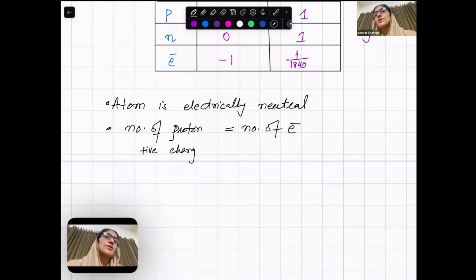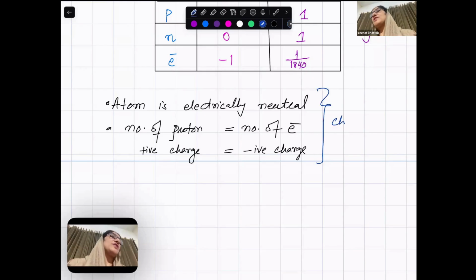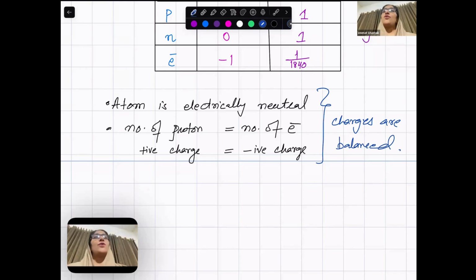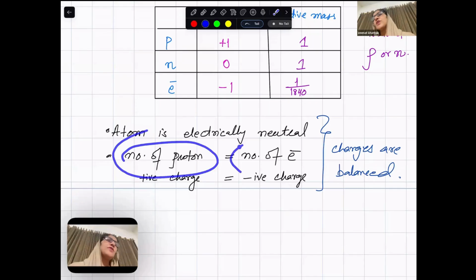Positive charge is equal to negative charge. The charges balance each other. Charges are balanced.